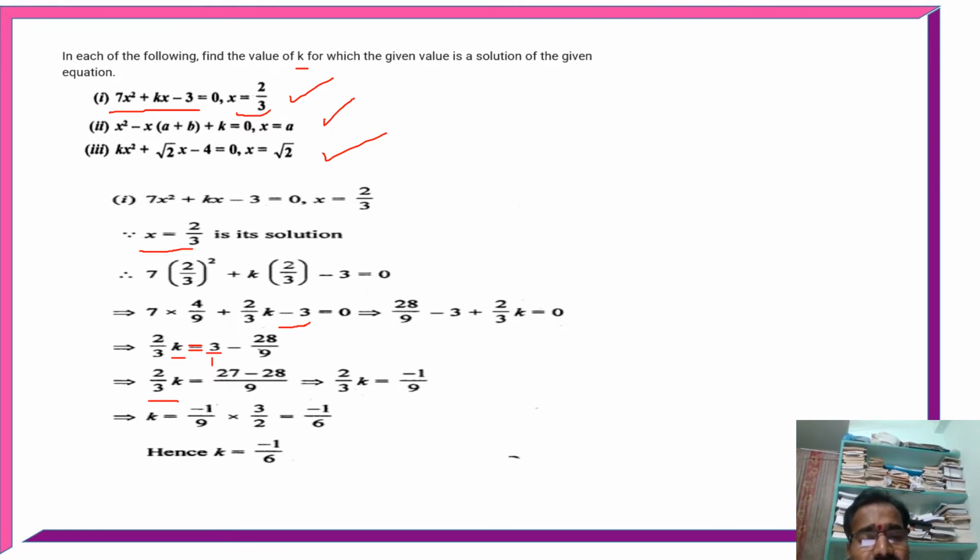And to find the k value, transpose 2 by 3 to the other side of equality, it will become reciprocal, that is 3 by 2.